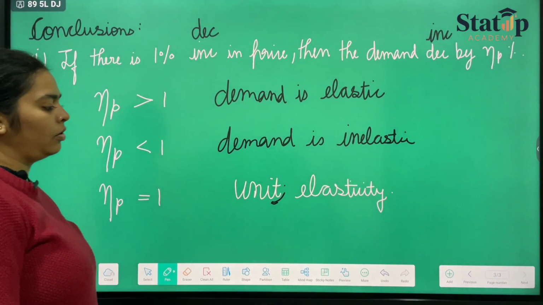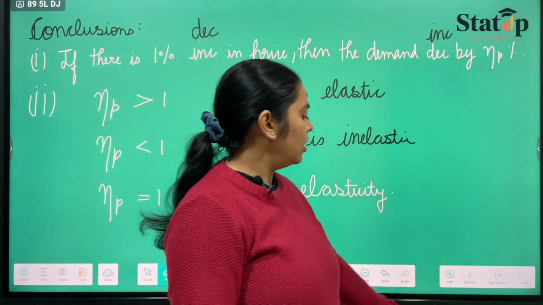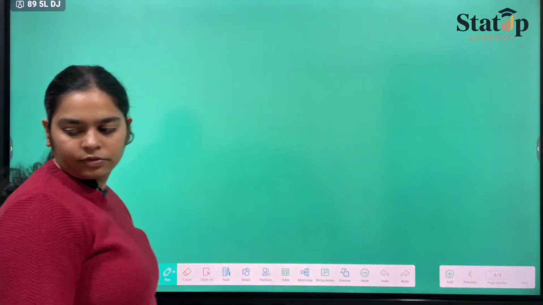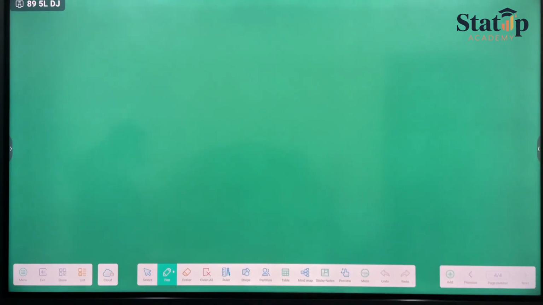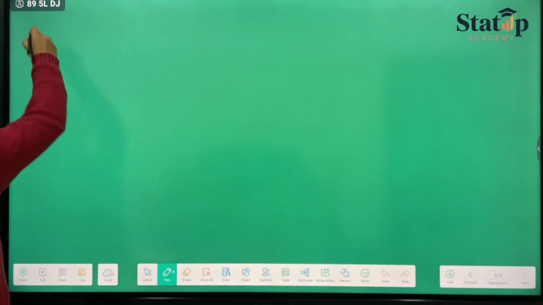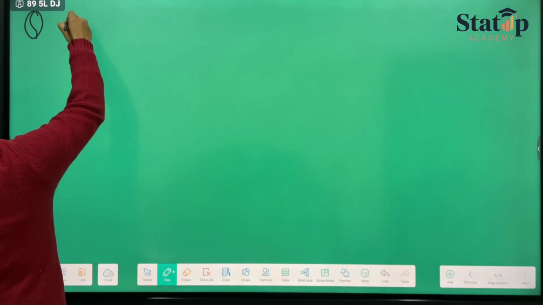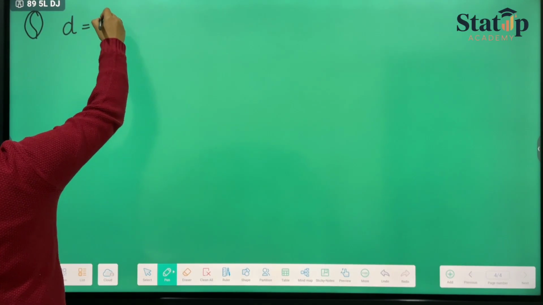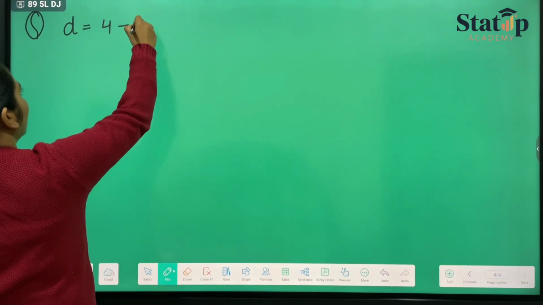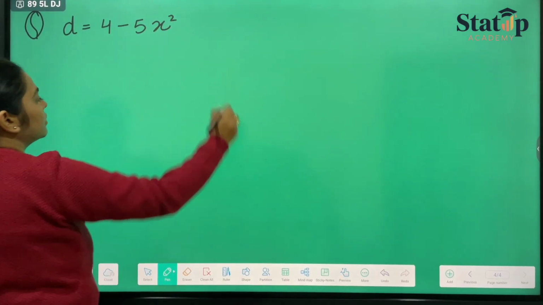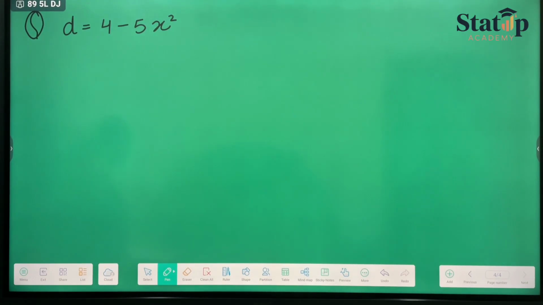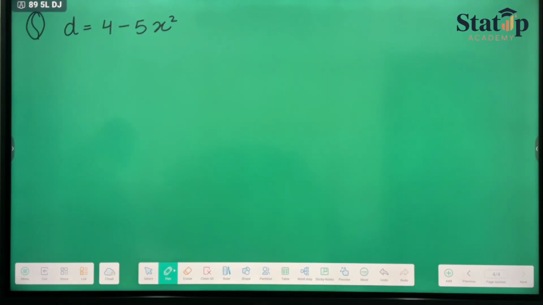Now, moving on to some of the numericals of this kind of question, we have been given the demand function as 4 minus 5x square.